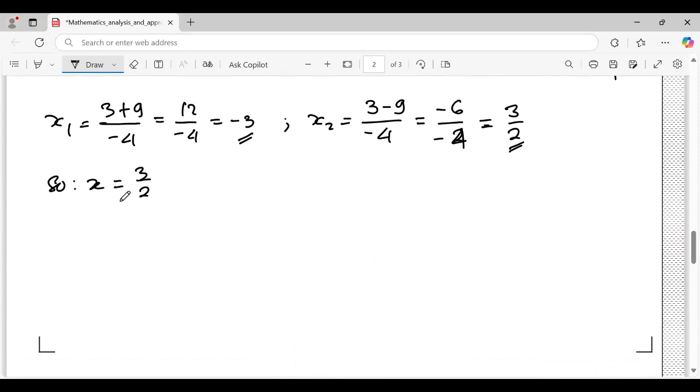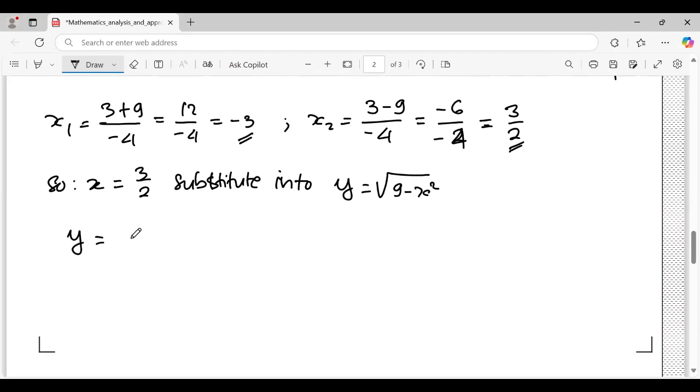If x equals 3 half, substitute into y equals square root 9 minus x squared, because we are going to find the value of y.